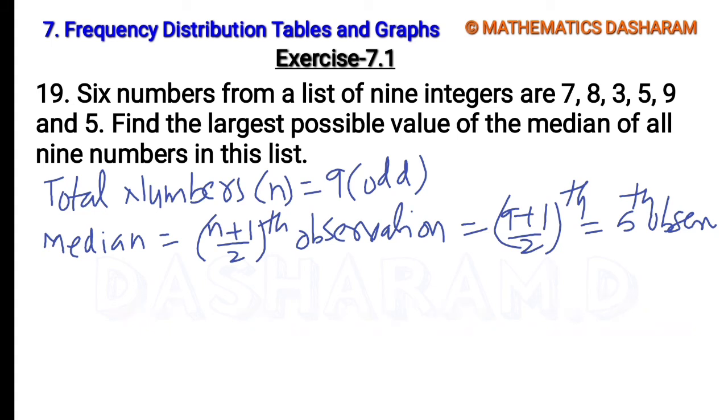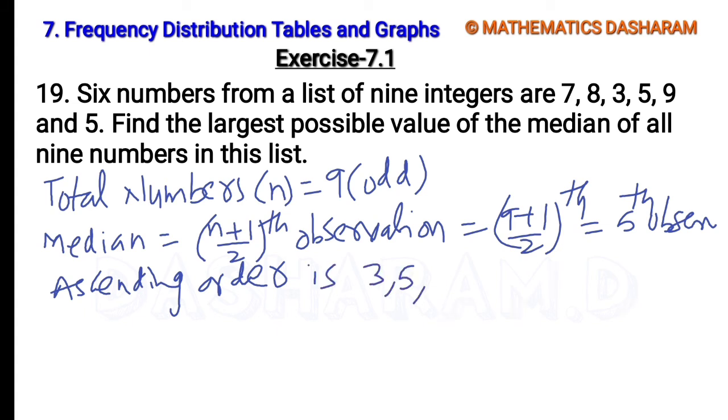Let's arrange the given observations in ascending order. First one 3, next 5, 5 repeated 2 times, 7, 8, 9. So he is asking what is the largest possible value of the median.